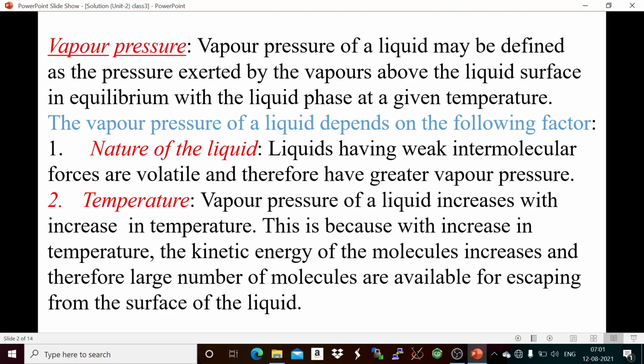With more kinetic energy, a large number of molecules tend to escape from the surface of the liquid, as a result of which vapor pressure increases. So as the temperature increases, vapor pressure of the liquid increases.